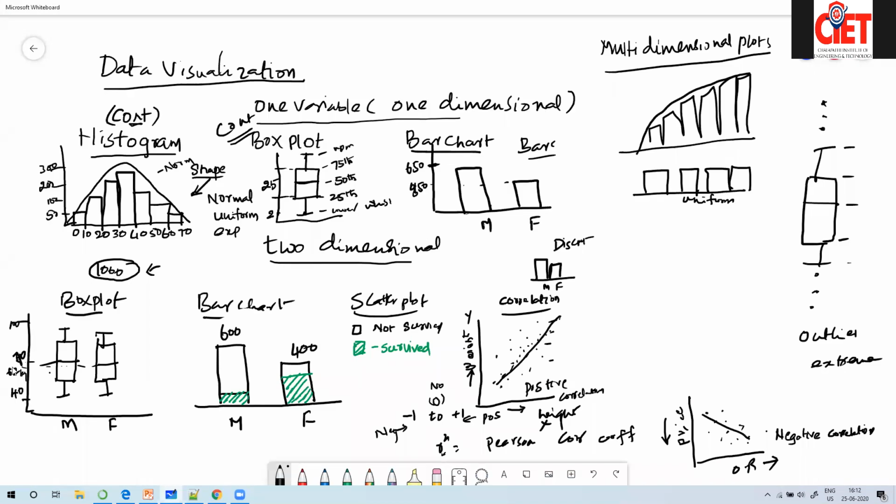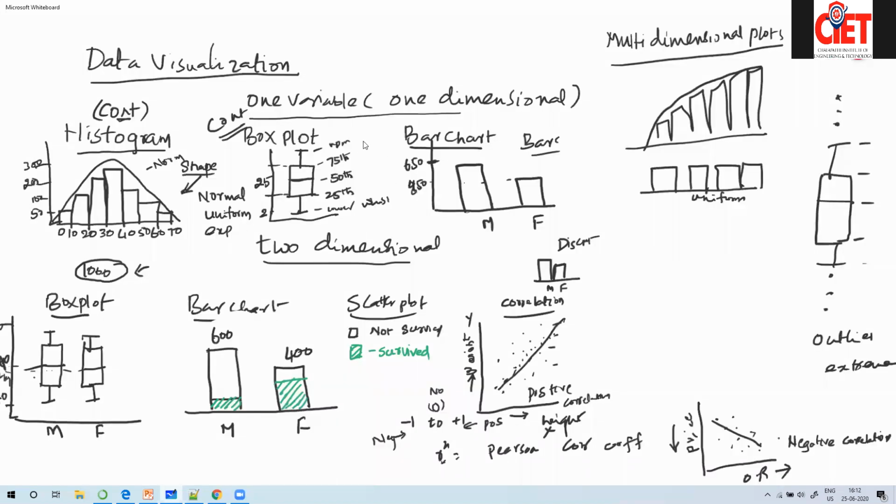Loan duration is a continuous variable, numeric, and default or not a default is discrete. So that falls into this particular category. Like gender versus weight. Weight is a continuous variable and gender is a discrete variable. Here loan duration is a continuous variable for us and default is a discrete.